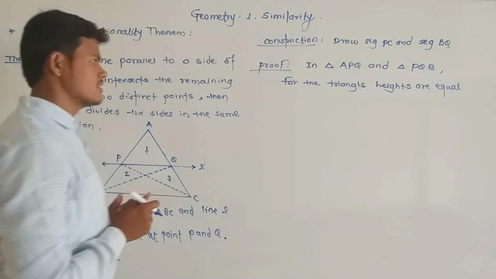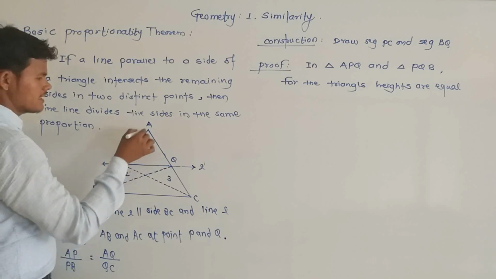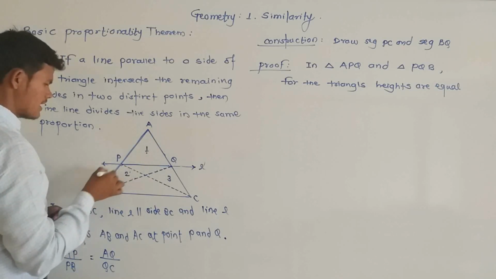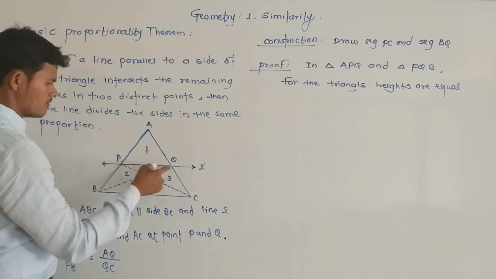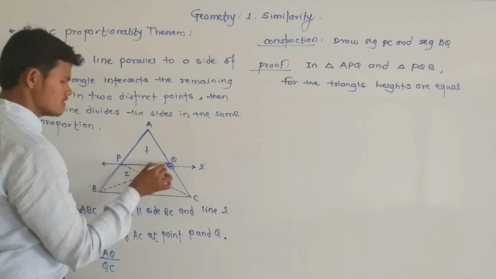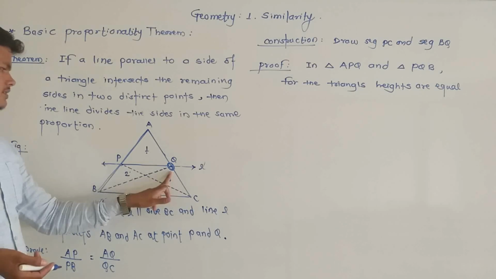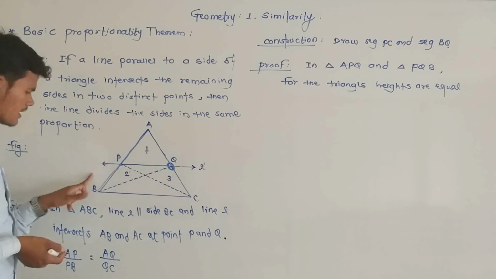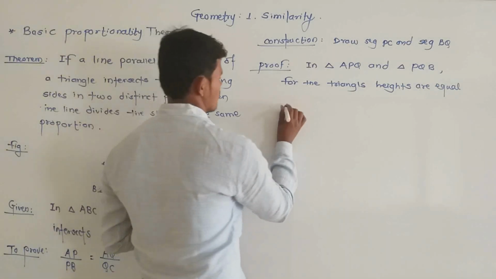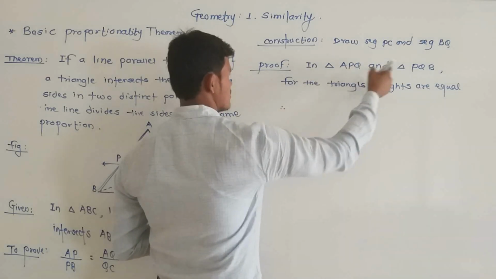For both the triangles, heights are equal. Why are their heights equal? Because triangle APQ as well as triangle PQB both share a common vertex. And if two triangles share a common vertex, then their area is proportional to their bases. Therefore, write down the ratio of areas of triangles.